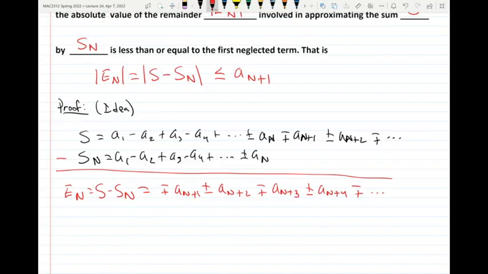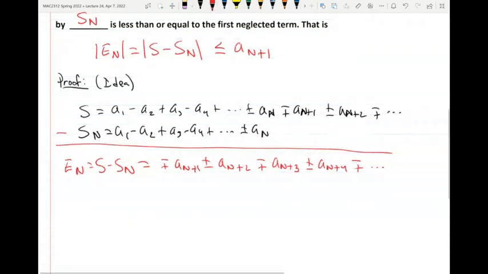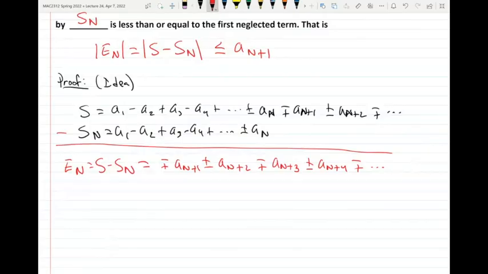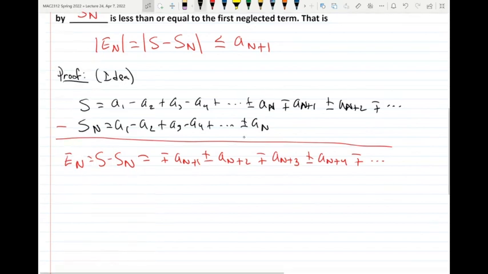What I want to show is that this right here is going to be less than or equal to this first number. Okay? And here we're going to play exactly the same game. So let's see. We need to do two cases. One in which the first one is negative, another one in which the first one is positive, because there are two possibilities here, depending on the N that we pick.